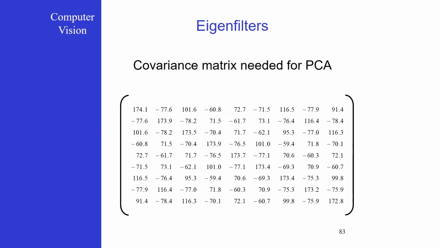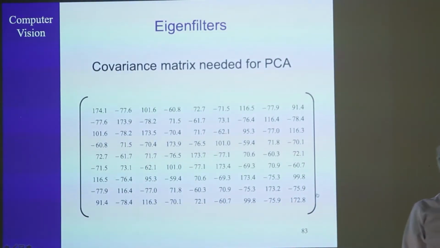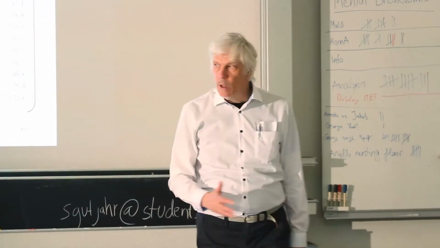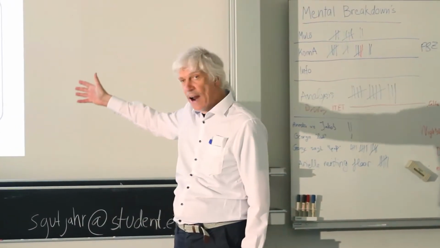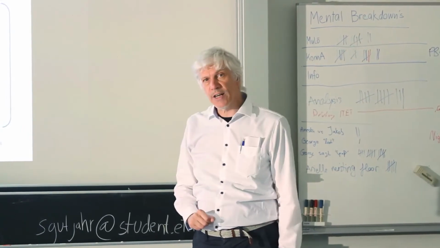Here's the resulting covariance matrix for that denim picture that we saw before. So that's the covariance matrix, as we know for PCA. Now, if you want to know the eigenfilters, we have to look at that covariance matrix and look for the eigenvectors of that covariance matrix.